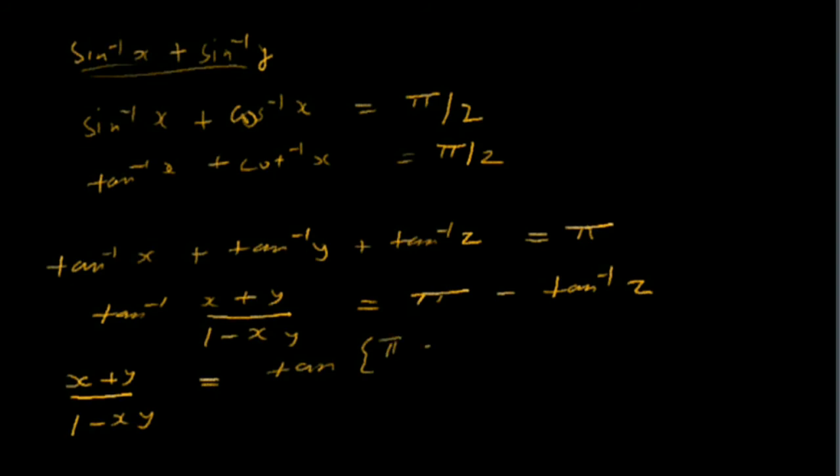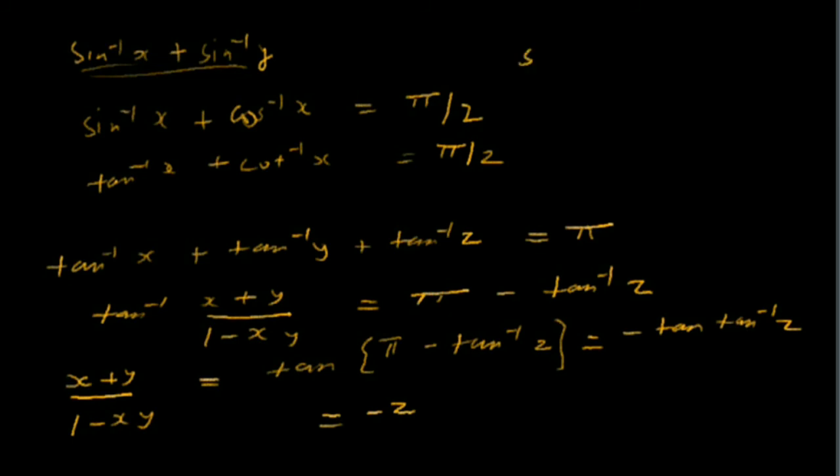Okay, so it is tan of pi minus tan inverse z. Further, you know that tan of 180 minus theta is minus of tan theta. So minus of tan, and what is theta here? Theta is tan inverse z. So tan and tan inverse get cancelled, and we are just getting z. So minus z. So just make a habit of proceeding this way.